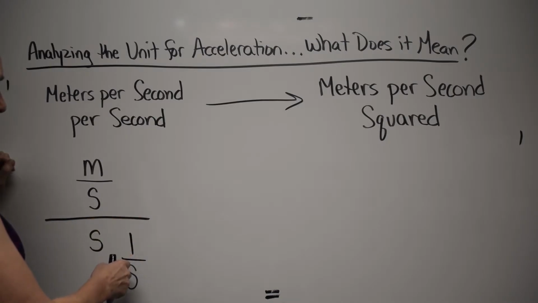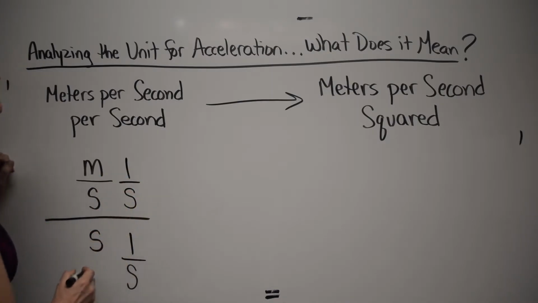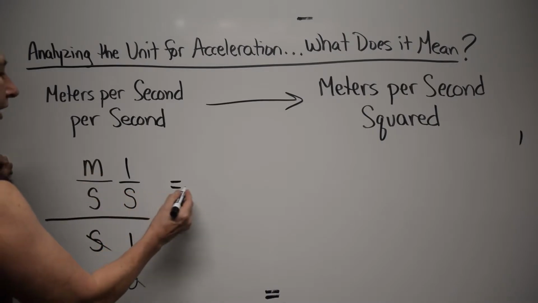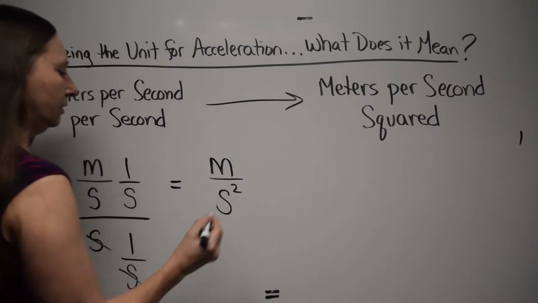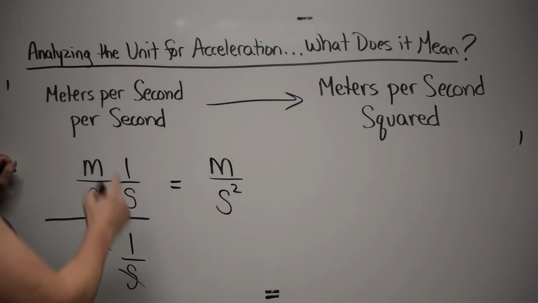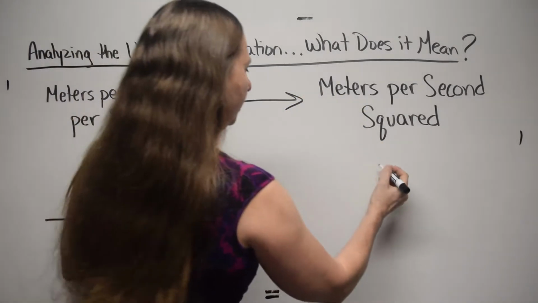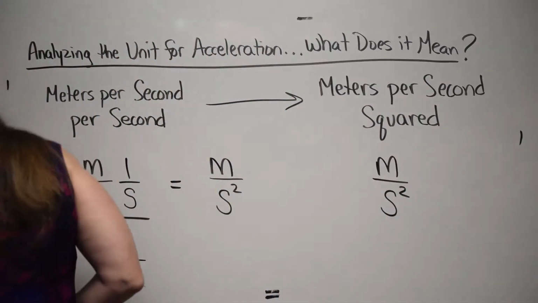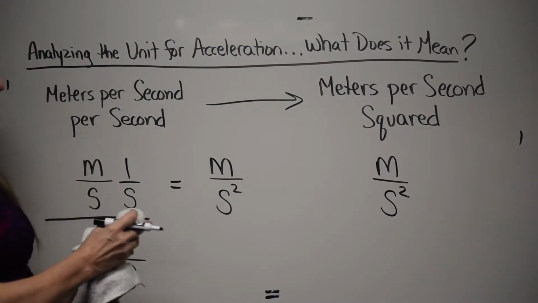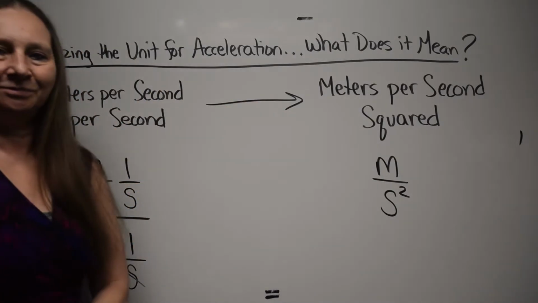So we're going to multiply top and bottom by 1 over seconds. These are going to cancel, top and bottom. And here we get meters per second squared. So you see meters per second per second is really the same as meters per second squared. It's a simple simplification to get from here to there.